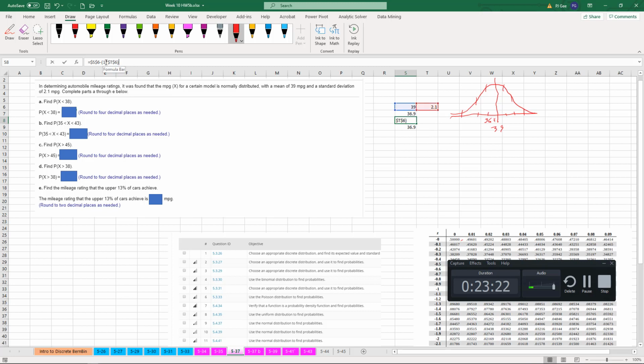And I can change this to how far down are we when we're 2 standard deviations, and how far are we down when we are 3 standard deviations? There we go.